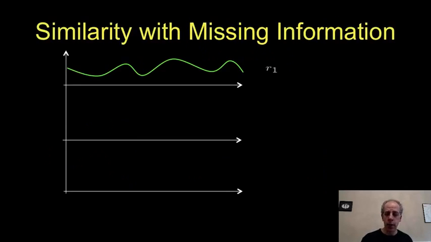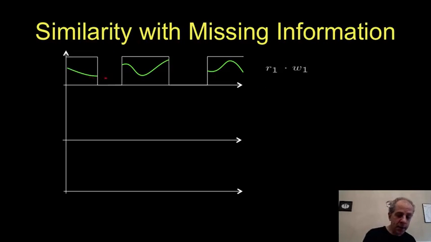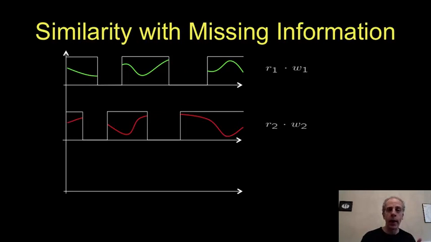So we have one image here, which I represent as a one-dimensional signal. But we don't have the whole signal. We actually have the missing wedge. So we only have the signal in certain parts of it. Now we have another signal, and also for it, we have the missing wedge.